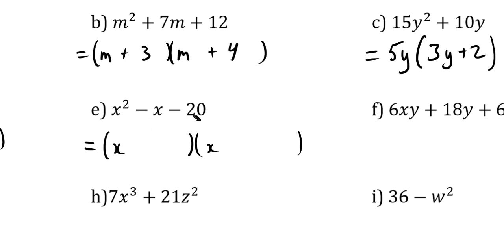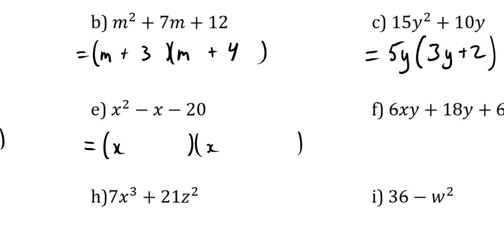And when I say add to 1, in this case, they multiply to a negative. So that means they have to have different signs. One of them is going to be minus and one of them is going to be plus. I don't usually put the signs in there first. I usually do that after. But I know that because the only things that multiply to a negative are 2 numbers that have different signs.